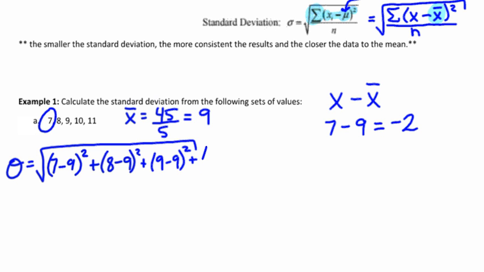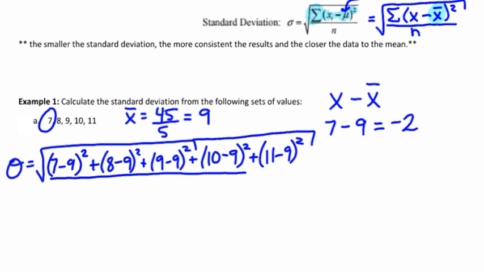Plus 10 minus 9 squared. Plus 11 minus 9 squared. Our square root sign goes all the way to the end, divided by n, our number of terms, which is 5. So we'll write it like this.